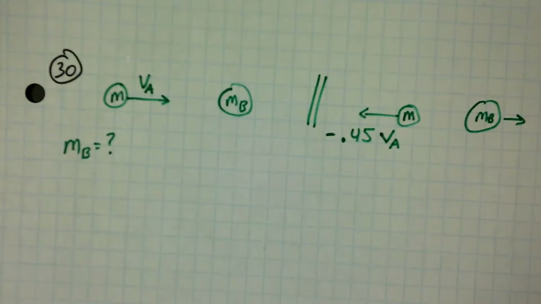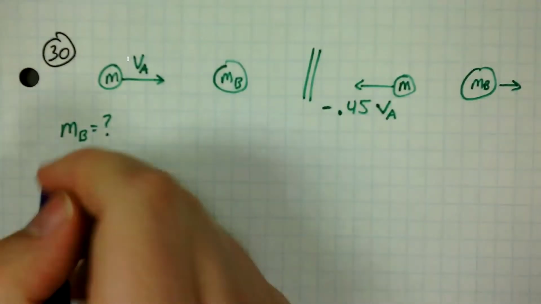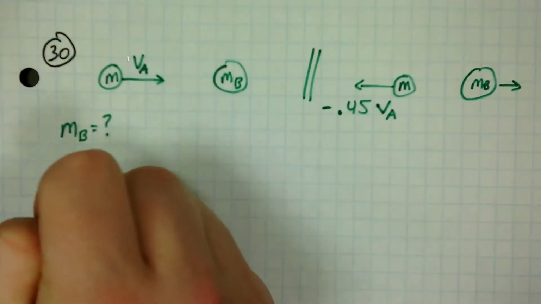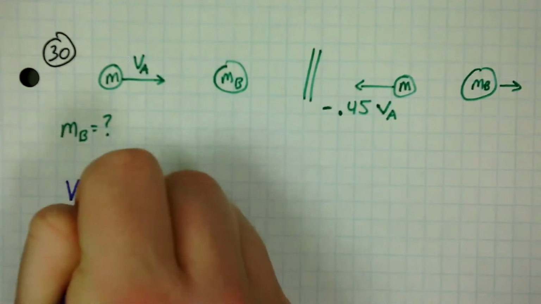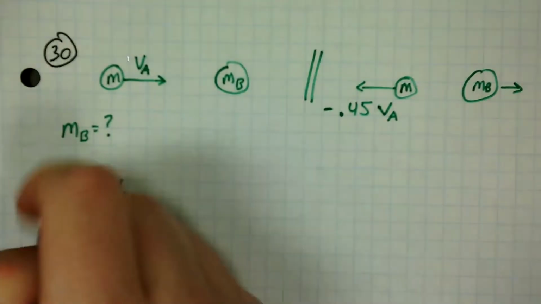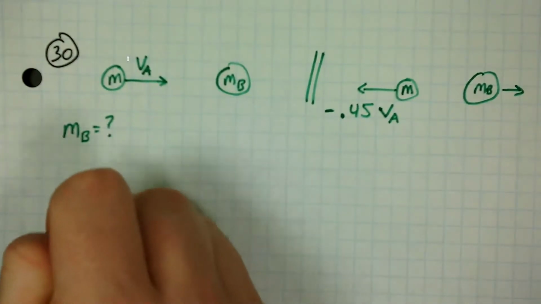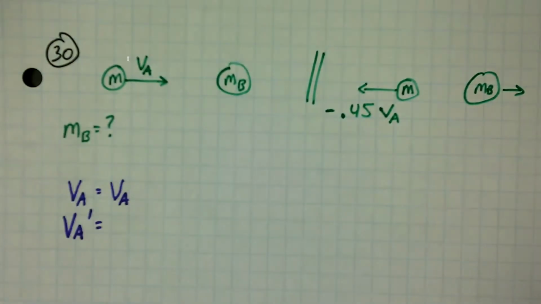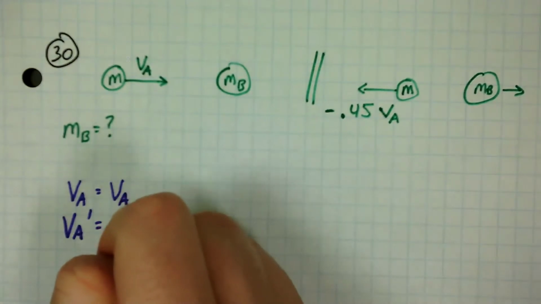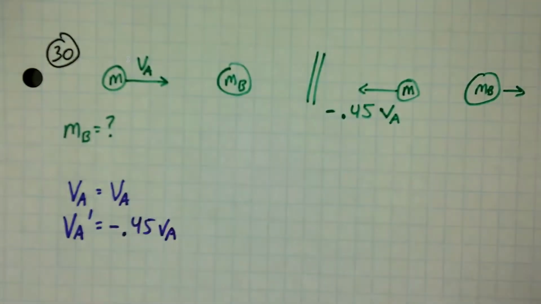All right. So I'm going to do my knowns and unknowns. What I'm basically saying is I'm starting at a VA that's equal to VA, and I'm ending with a VA prime, which is equal to negative 0.45 VA, right?